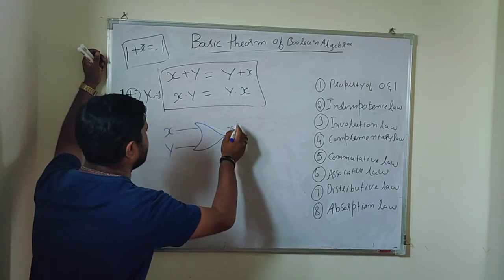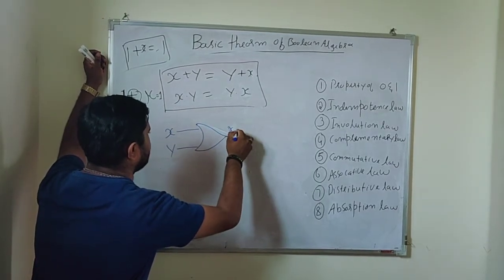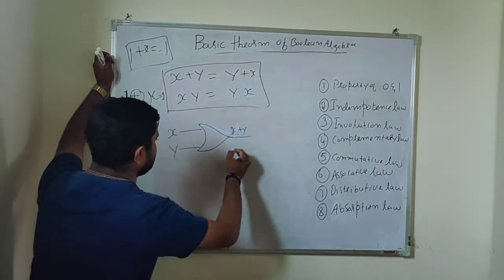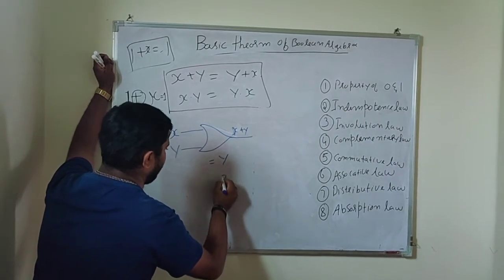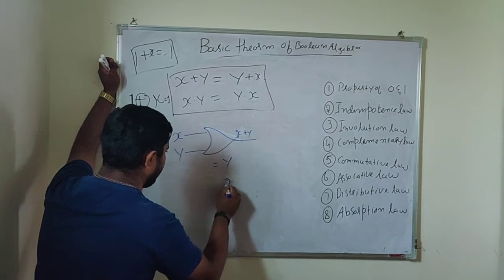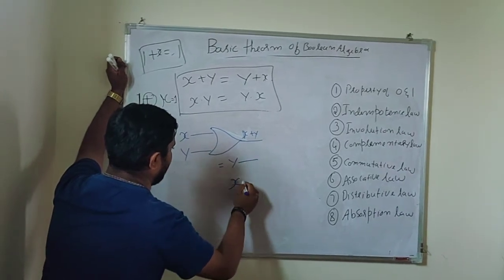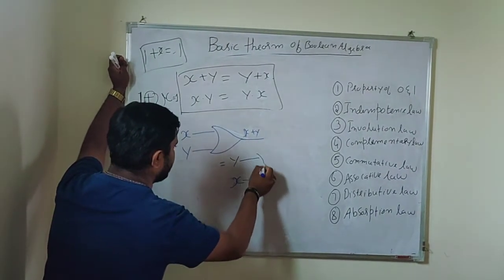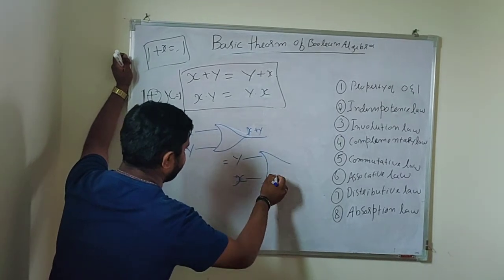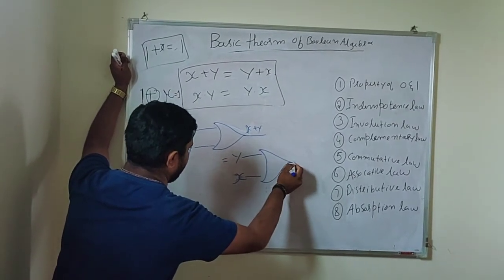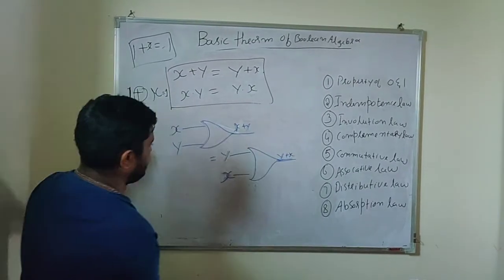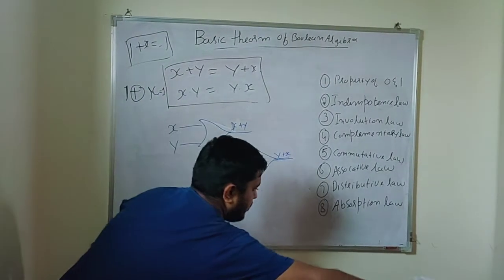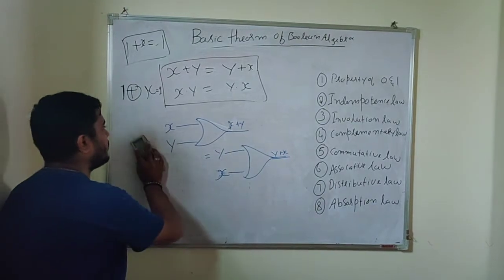So x plus y is equal to, again, inputs y and x into an OR gate symbol, so it becomes y plus x. This is how it looks in a logical OR gate.